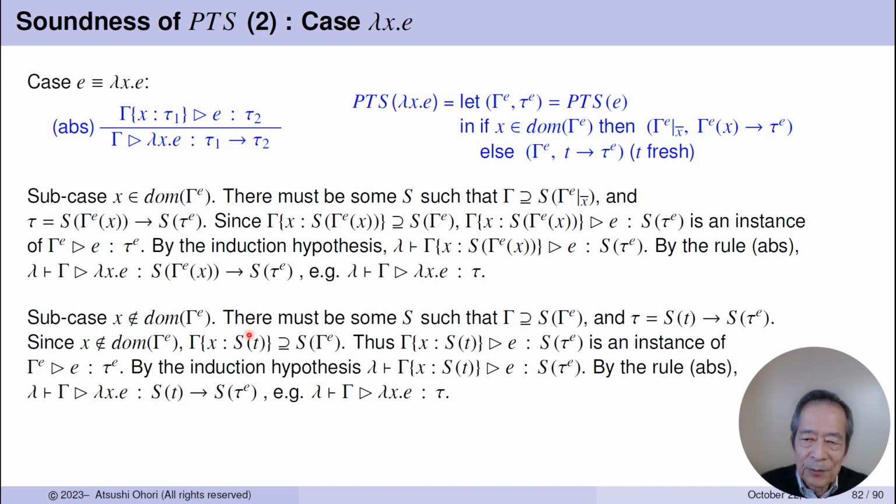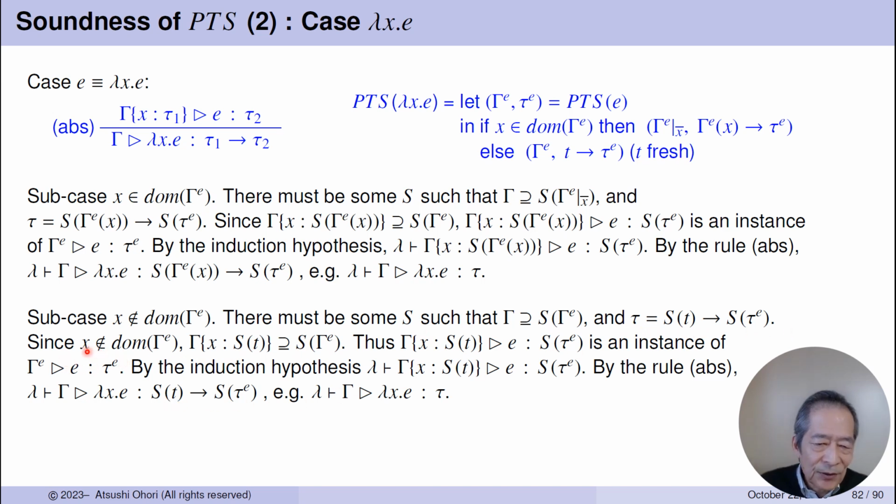So we reason about the picked instance of this typing. By definition, there must be some S, such that S applied to gamma E is a subset of this instance gamma, and S applied to this type is tau, right? So this is a given assumption.